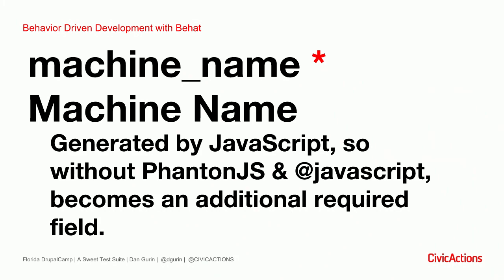So if you don't have JavaScript turned on, it won't do that, so you'd have to manually add the machine name, and if you didn't do it, you wouldn't really get any feedback. It would fail silently. This is just a little tip: I was creating these tests and I was wondering why they weren't working, and this is why. So if you run into that, the machine name becomes a required field when JavaScript is off. So give that a try.